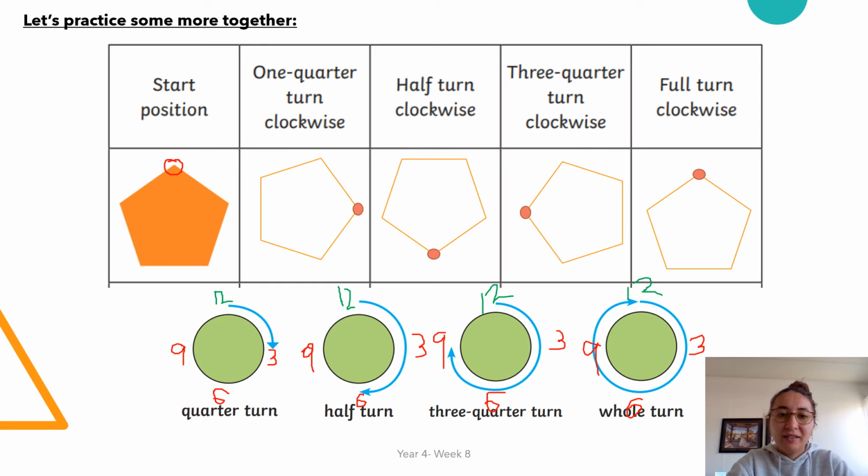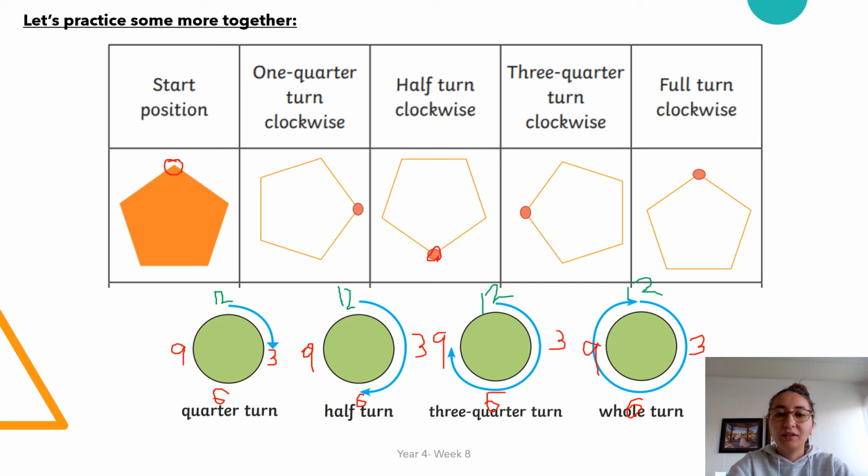When this pentagon does a quarter turn clockwise, I want you to really focus on getting that point to the 3, because 1/4 turn from that point would go 1/4 of a clock. Okay? Half turn, if it started at 12, half of a turn would be where the 6 is on the clock, and it would look like this one over here.